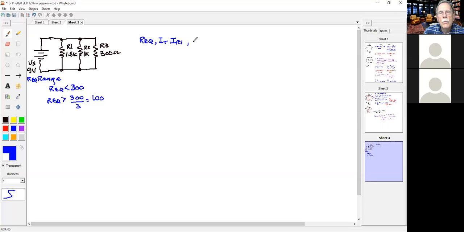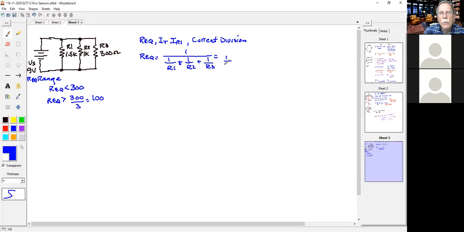And we'll do one by current division. So REQ is 1 over R1 plus 1 over R2 plus 1 over R3. Take the reciprocal of that.